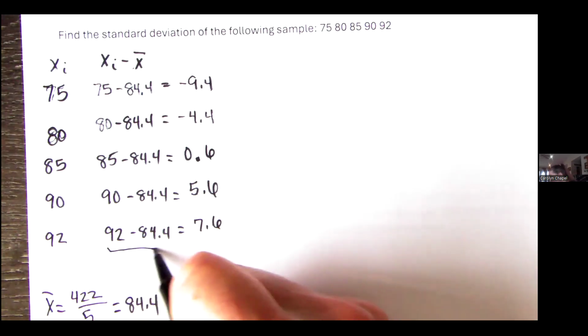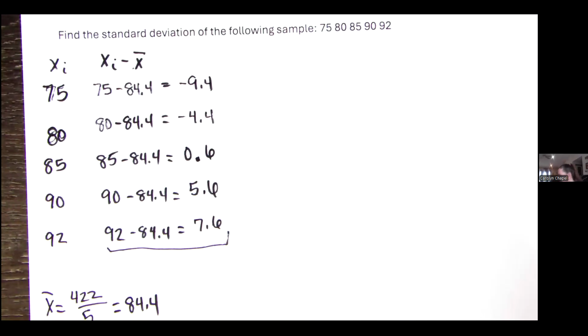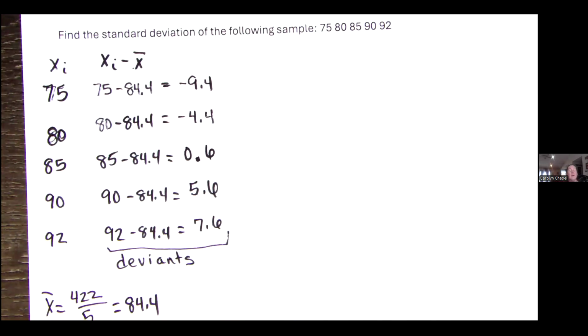These values that we just calculated are sometimes referred to as the deviations, which is where the standard deviation comes from. These deviations are deviating from the mean. It tells me how much they differ from the mean.